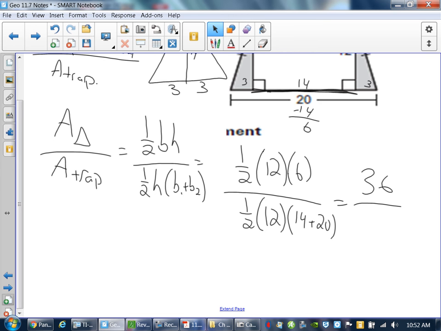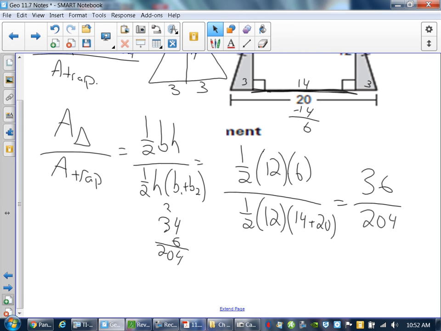36 over, I don't know what 6 times 34 is, but it ends in 4. Is it 204, I think? Over 102, 9 over 51.